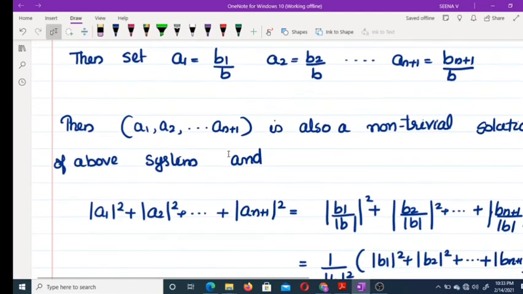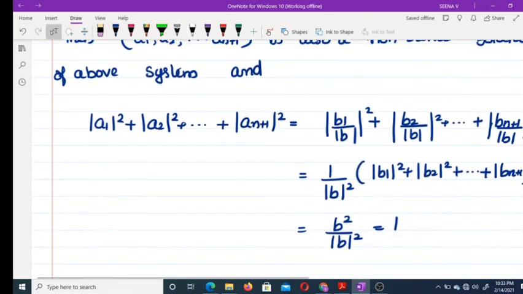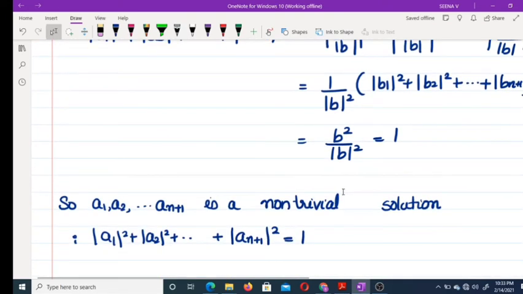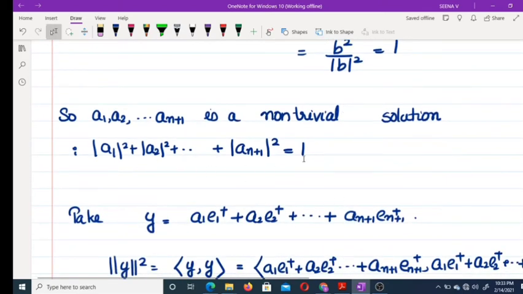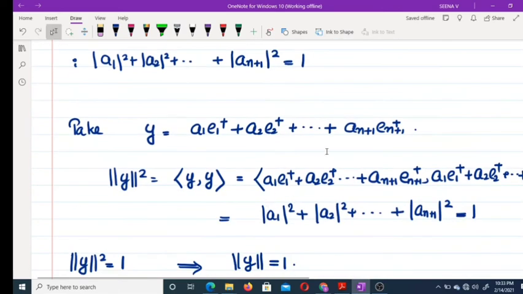Now what about mod a1 square plus mod a2 square plus etc. plus mod an plus 1 square? This is actually mod b square by b square, equal to 1. So a1, a2, etc., an plus 1 is a non-trivial solution and it also satisfies this condition. Now take y equal to a1 e1 plus a2 e2 plus etc. plus an plus 1 en plus 1.